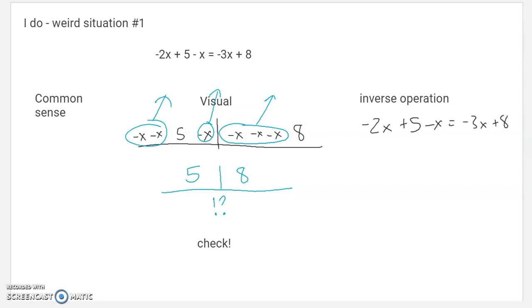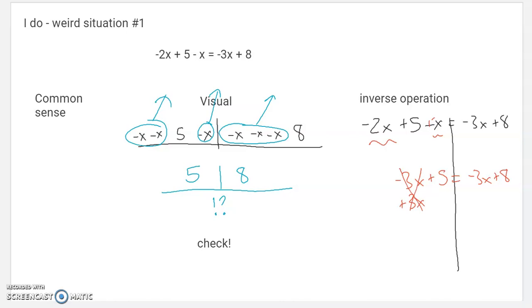So if I were to very quickly start to solve this, I would start by not subtracting. And I would combine like terms on this side. So I'd get negative 3x plus 5 equals negative 3x plus 8. And I guess my first instinct when I have variables on both sides would be to say, let's get rid of these x's.